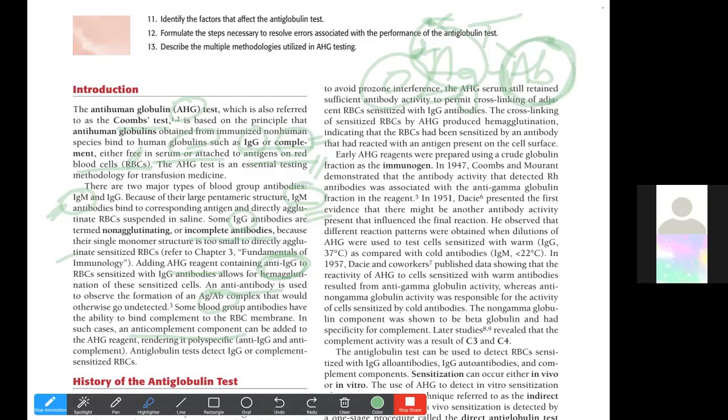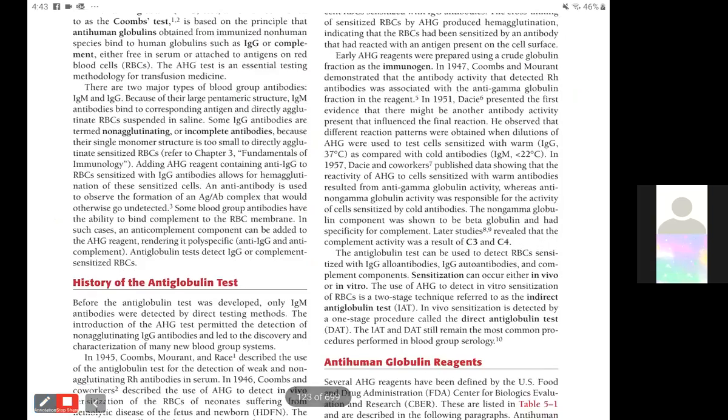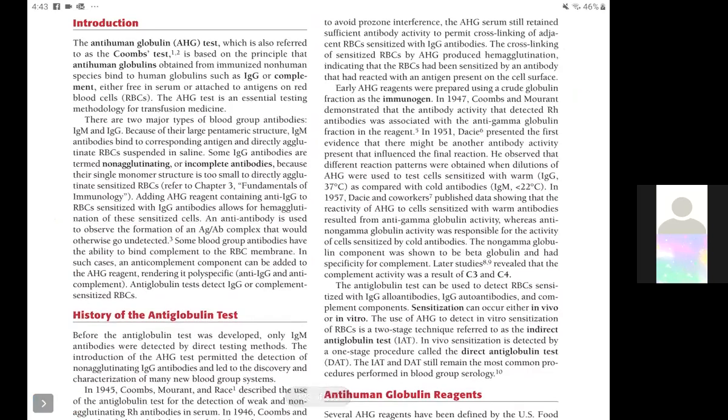So anti-IgG and anti-complement can both be detected in this way. Anti-globulin tests detect the immunoglobulin- or complement-sensitized RBCs. So this was basically about the Coombs reagent.